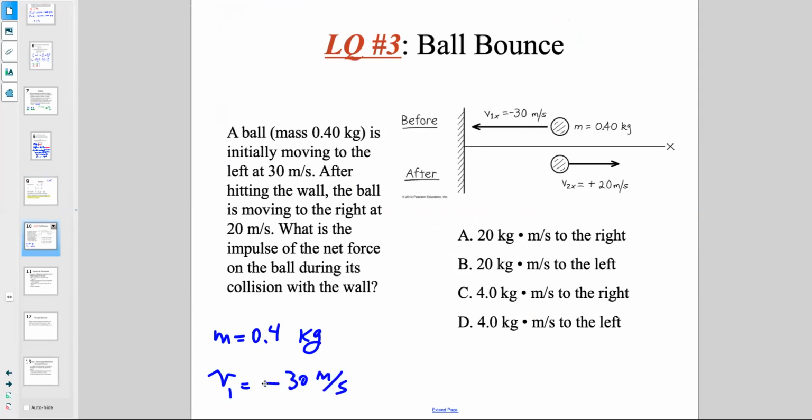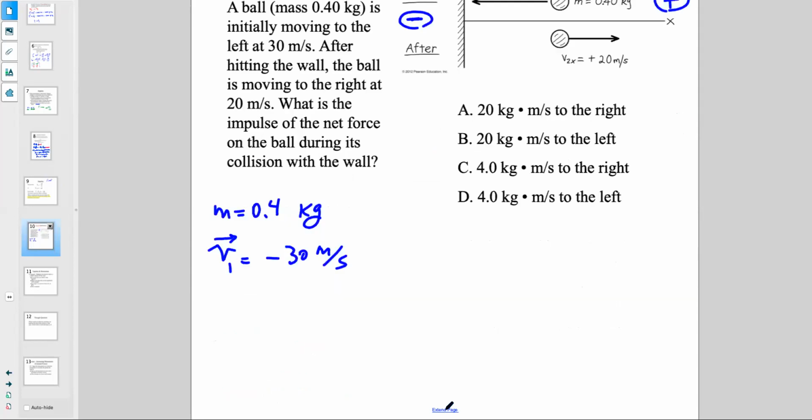This negative has a meaning associated with it: it means it's going to the left. The positive is to the right, the negative is to the left. That's why we are using this negative to show the direction. Remember, the velocity is a vector, so it needs some sort of direction associated with it.